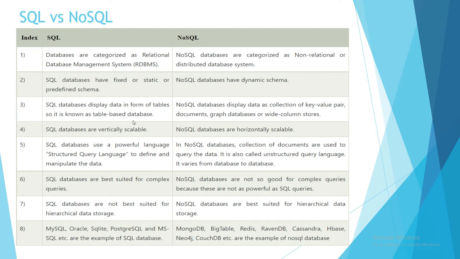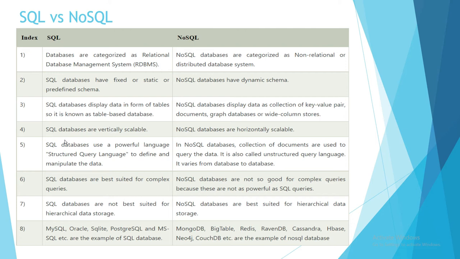SQL databases scale vertically, whereas NoSQL databases scale horizontally. We can simply attach for NoSQL, but if you go for SQL, we need to migrate to a completely new database.